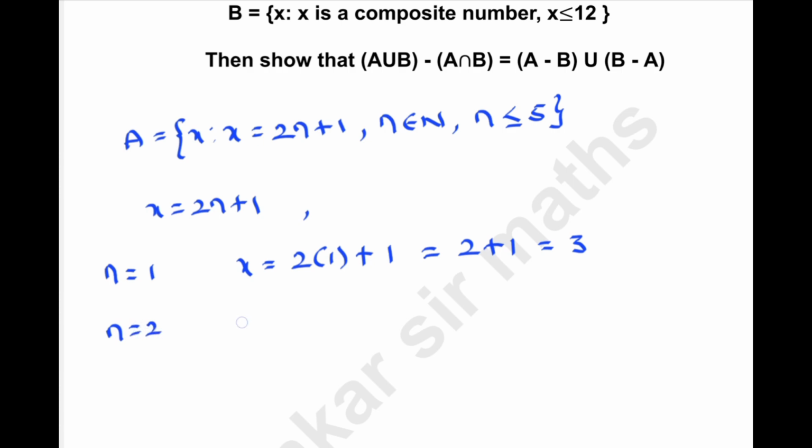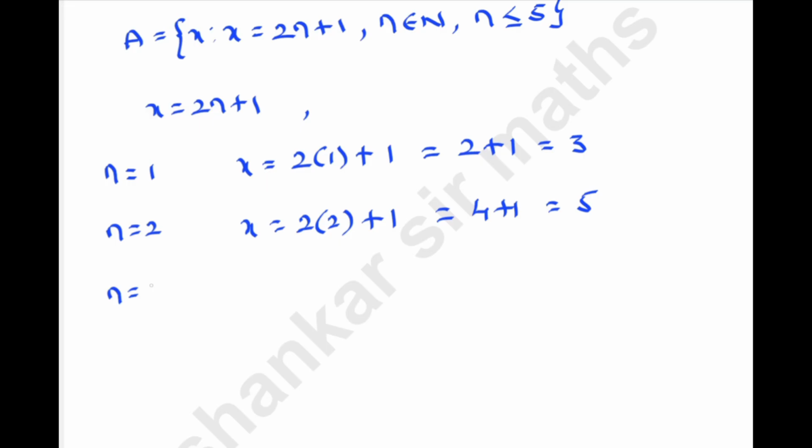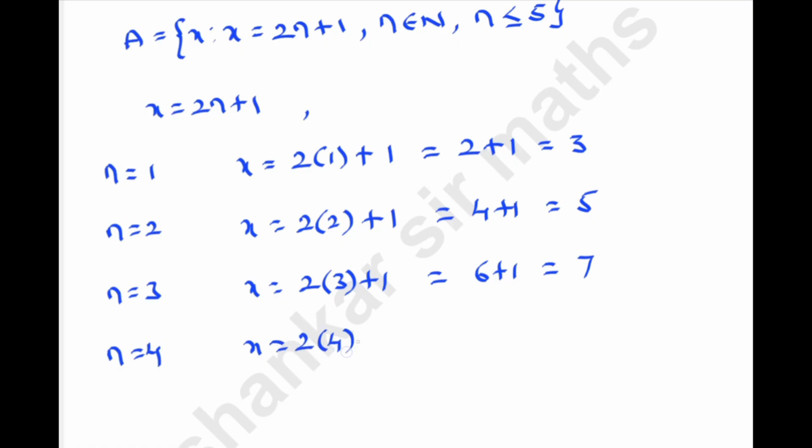If n value is 2, x will be 2 into 2 plus 1, so 4 plus 1, 5. If I take n value 3, x will be 2 into 3 plus 1, 6 plus 1, 7. N value 4, x will be 2 into 4 plus 1, 8 plus 1, that is 9.